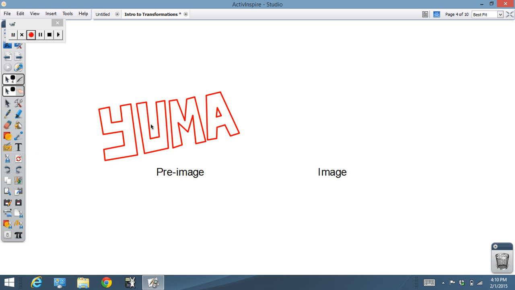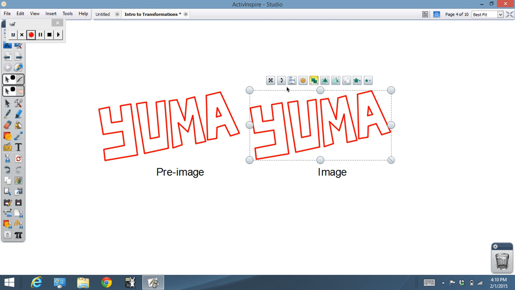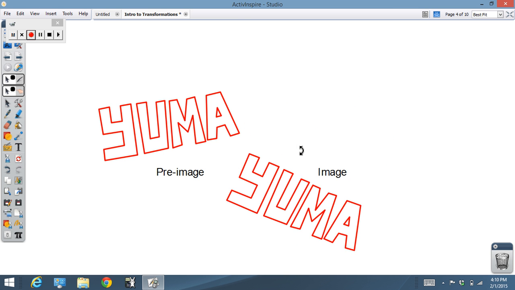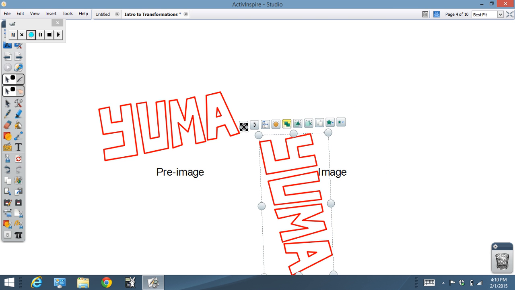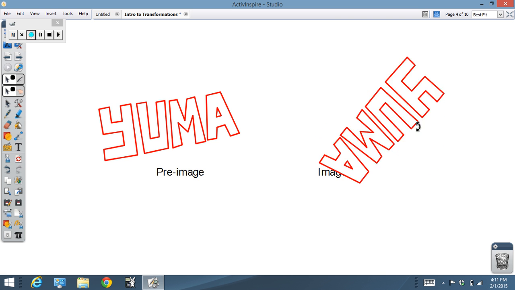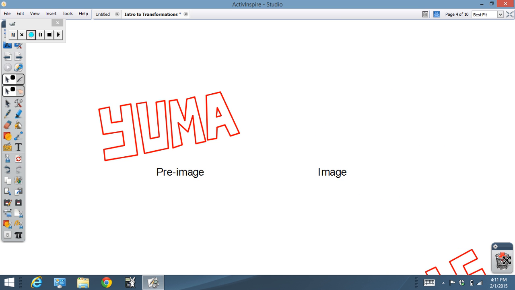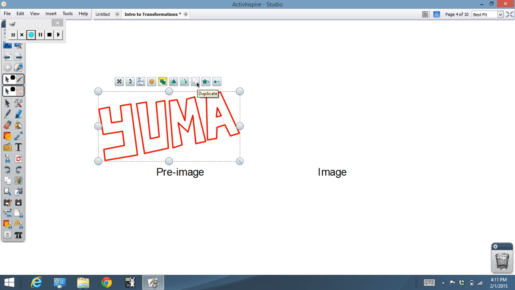We can take this Yuma figure here and we can turn it. That is called a rotation. We can just turn it all kinds of different ways here. Rotation. We could also take this image and flip it.